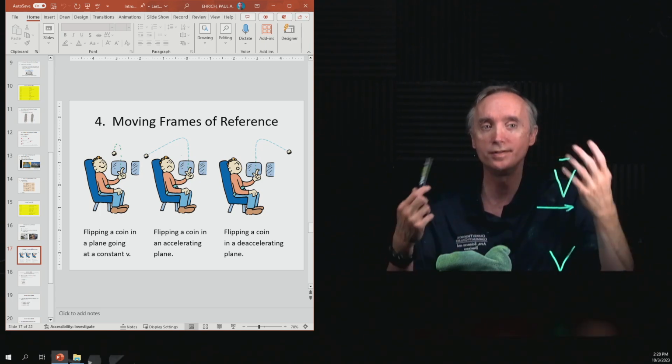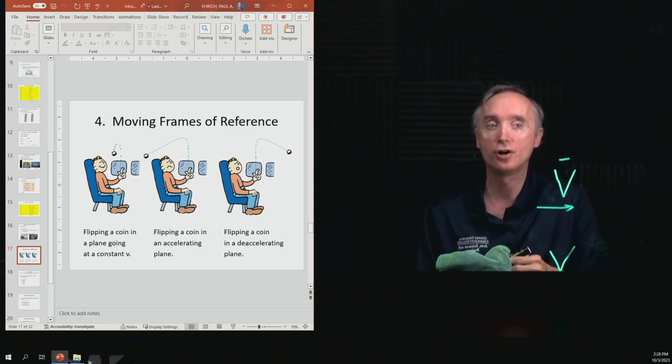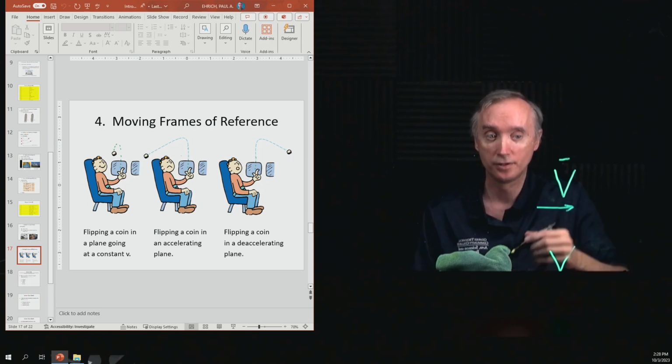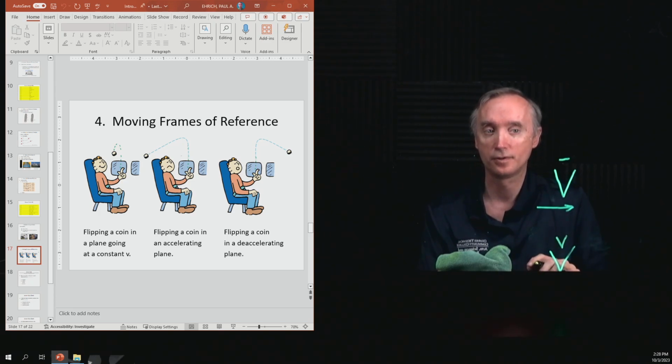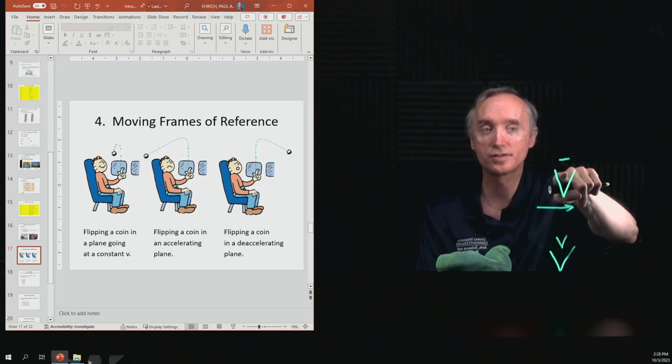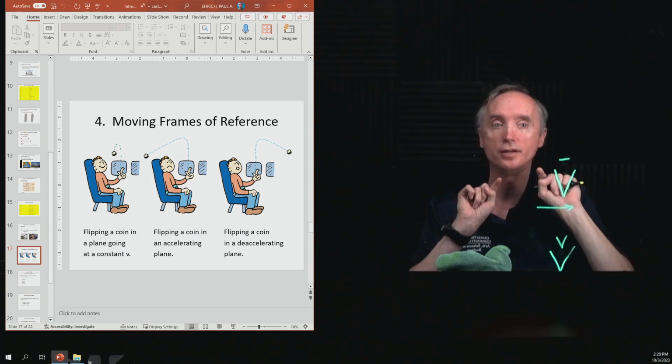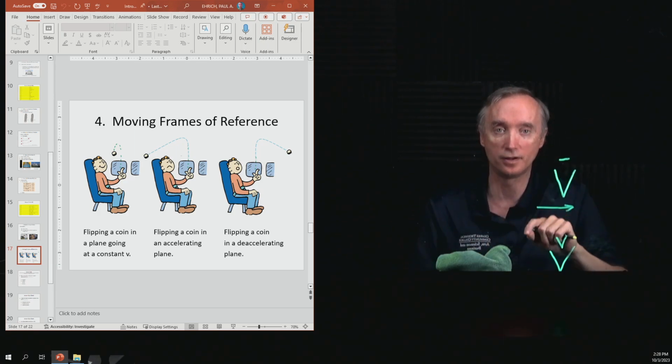But let's say 1 second later, you're going slower. So your speed now looks like this, but the coin still has its original speed. Therefore, the coin is going to go in front of you as a result of this.